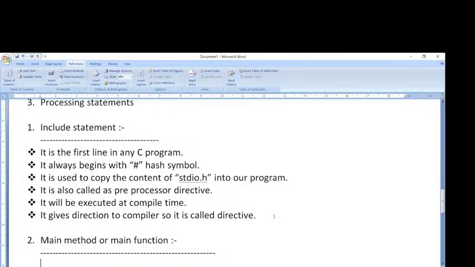So it is called the first executable statement.